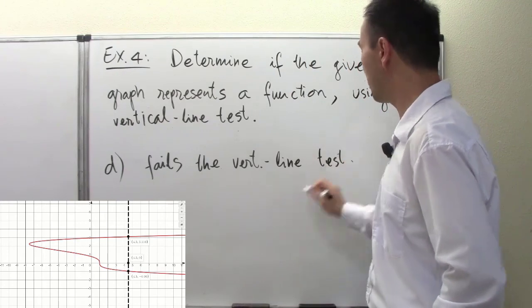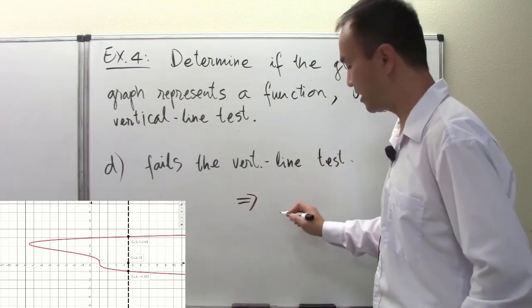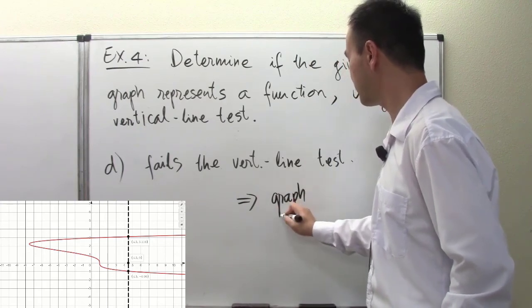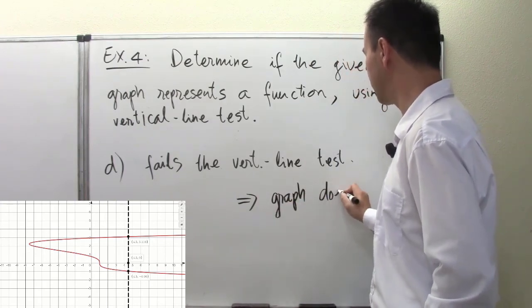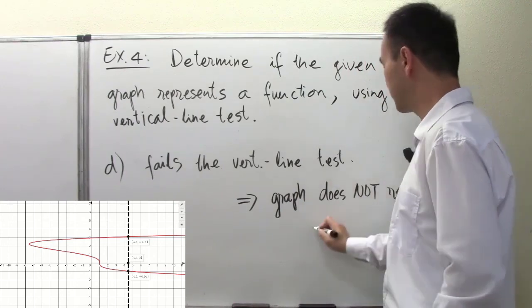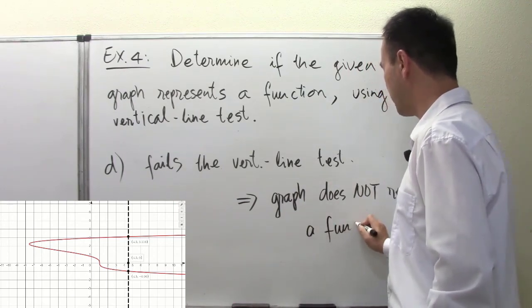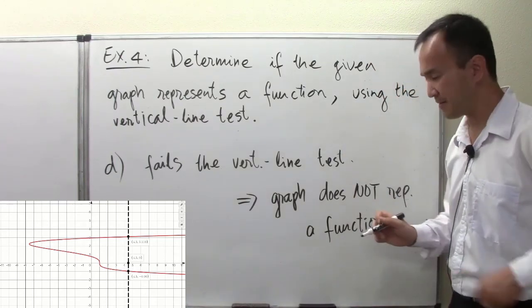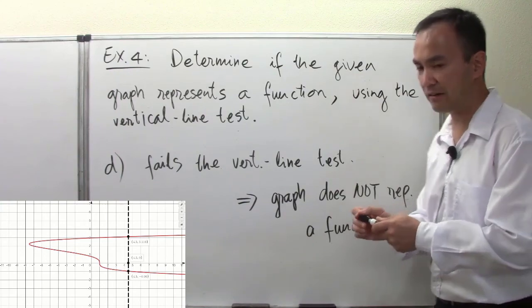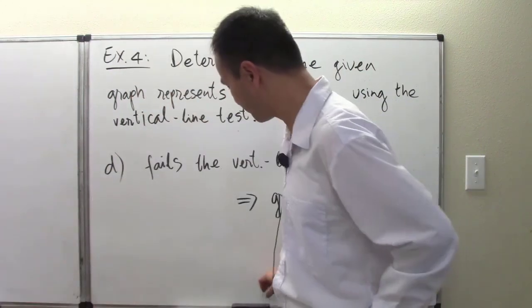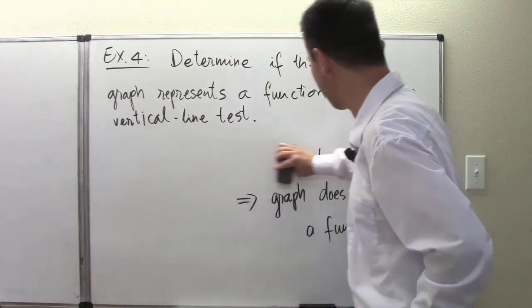So in that way it means that the graph does not represent a function. That's what it is. And then once again, let's clear out the board, put the picture away, and have a different graph to look at.